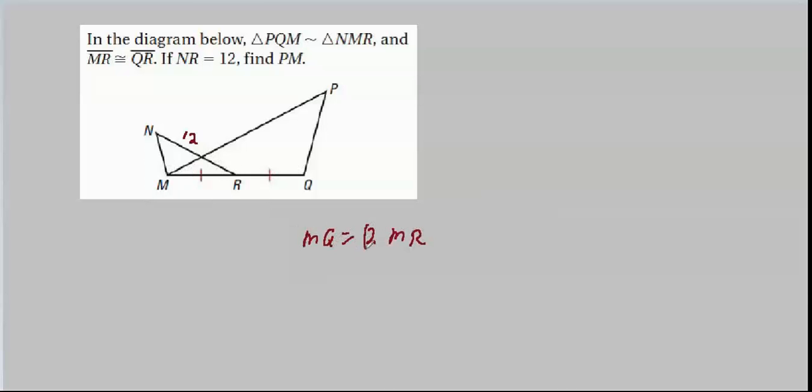So, turns out our similarity factor is 2. So, this is 24. All we had to do was recognize that since they told you that these two are congruent, this is exactly half of the whole. So, our similarity factor is either 1/2 or 2, depending on which direction you're going.